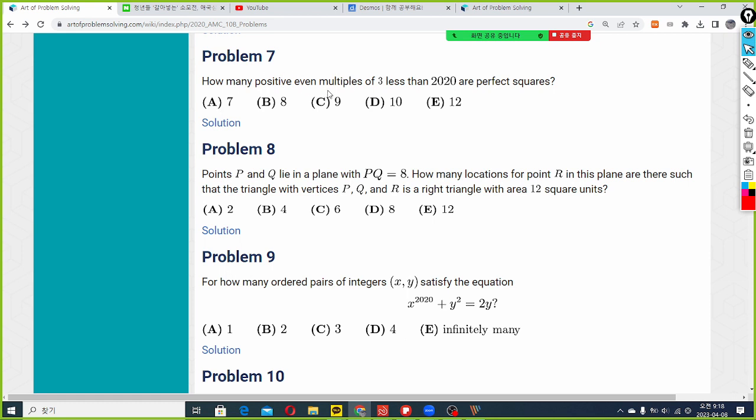And number 7, even multiple of 3 means actually that it's a multiple of 6. So 6 squared is 36. So you can find the quotient when 2020 is divided by 36.